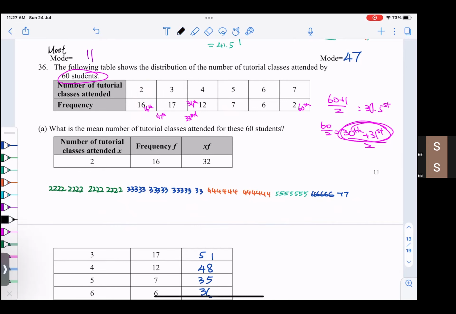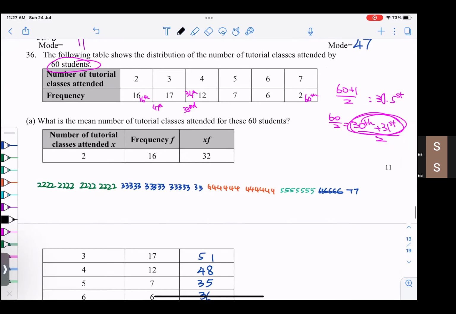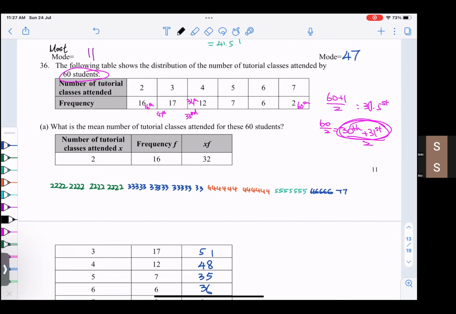Easy. Let's cut 20 from the beginning and 20 from the back first. 20 from the beginning. So 16, 17, 18, 19, 20. And then 2, 6, 8, 8, 7, 15. And then 20. We still have more.